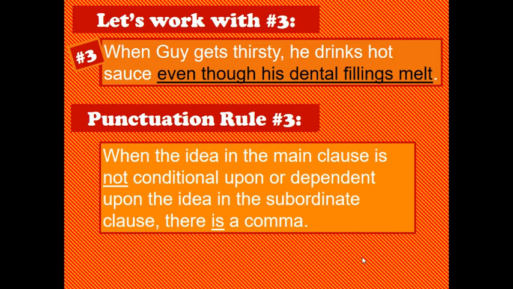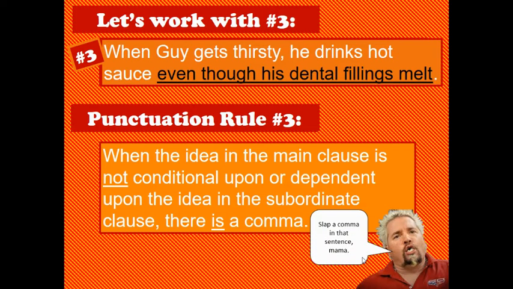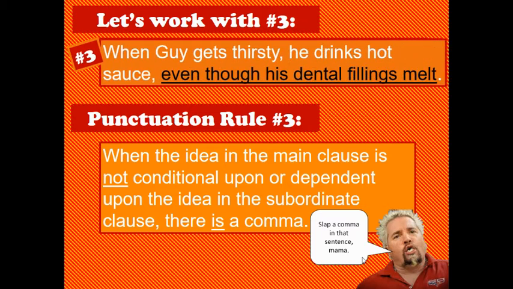Because of that, that clause really isn't doing anything to the verb. That verb's going to do whatever it wants to do. And therefore, the punctuation rule in grammar says that main clause is not conditional upon that subordinate clause. It's not dependent upon it at all. It doesn't care. So if I don't need that subordinate clause, I'm going to put a comma in. And that's why we're going to slap a comma in there, like that.